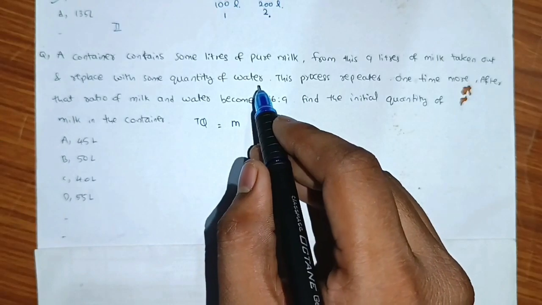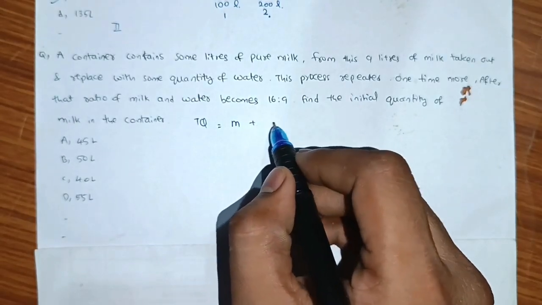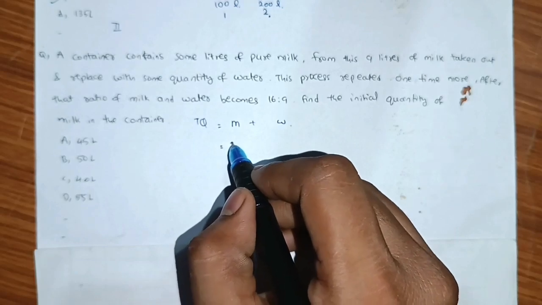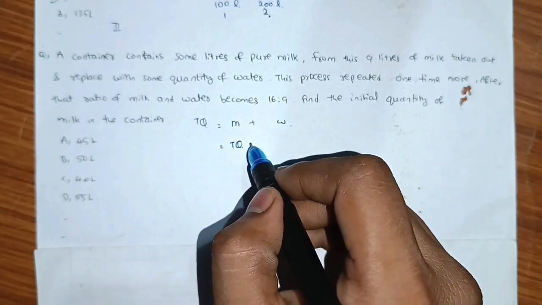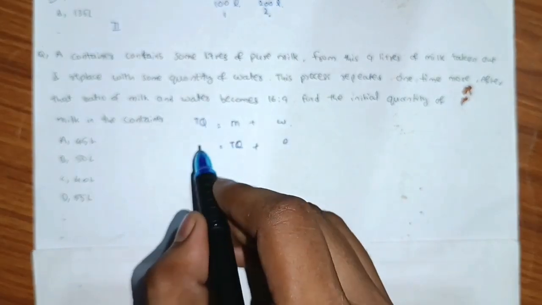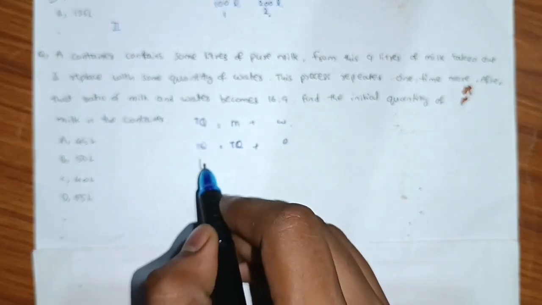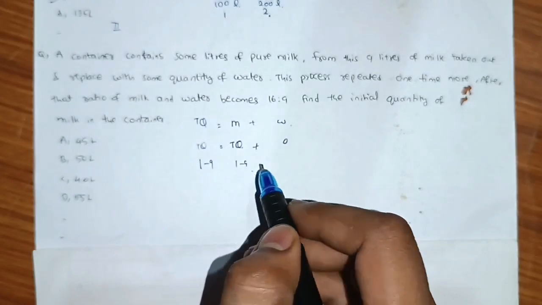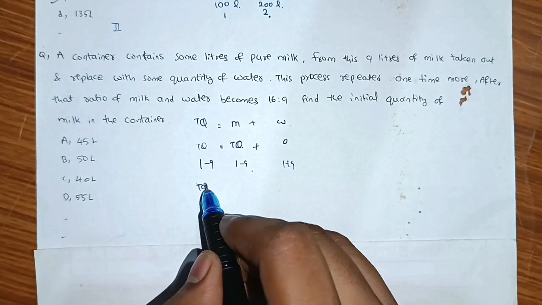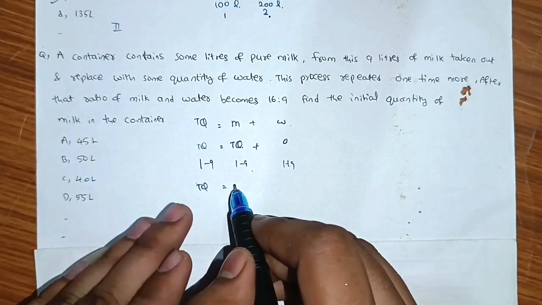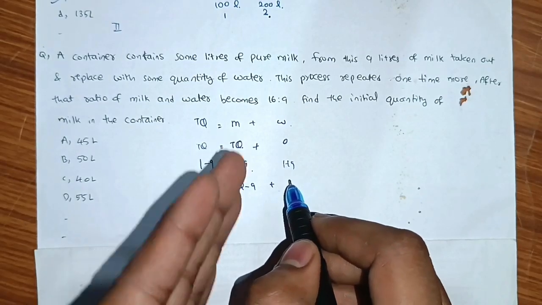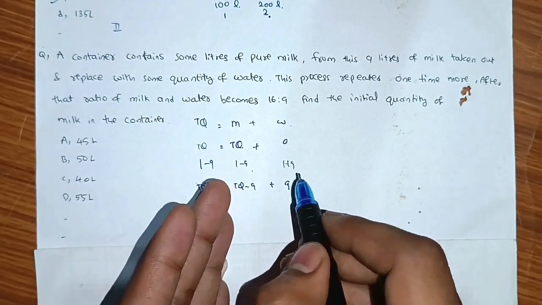So the total quantity is made with milk and the water. So initially it is all milk with total quantity TQ, the water is 0. Then 9 liters is removed and replaced with water. So again it is TQ total quantity, the milk is becoming TQ minus 9 and the water quantity is 9 liters.